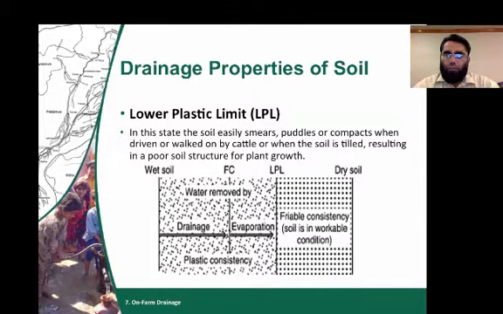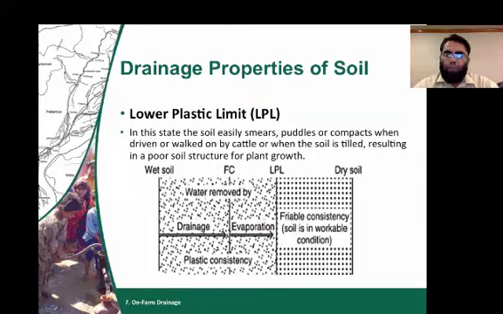Here in the graph you see you have a saturated soil condition, and when the water is removed from the soil through gravity 2 to 3 days after irrigation or rainfall, the soil reaches field capacity.